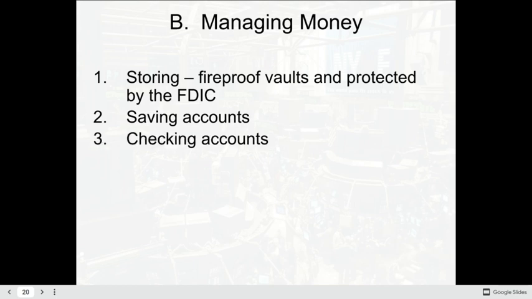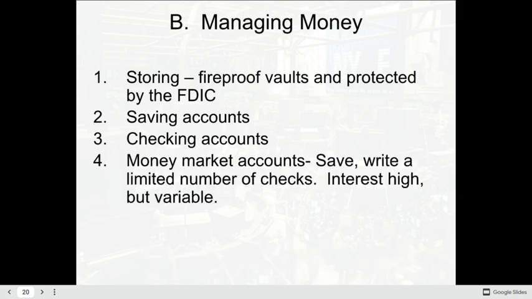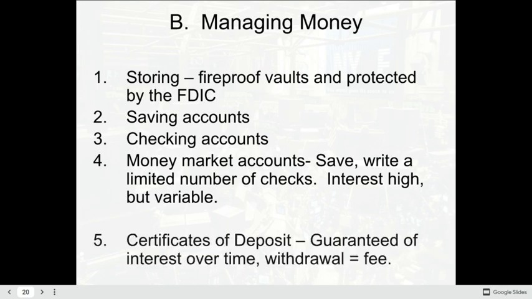Savings accounts and checking accounts are typically ways that people save money, but there's another one, money market accounts, which have higher interest rates, but often limit the number of withdrawals.